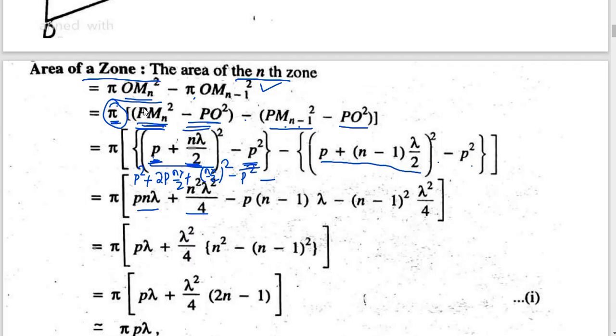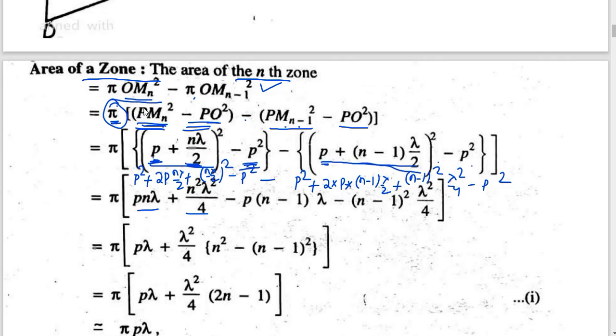The next part, the bracket part minus, similarly p plus this much square, is equal to p square plus 2 into p into n minus 1 lambda by 2 plus n minus 1 whole square into lambda square by 4, minus p square.